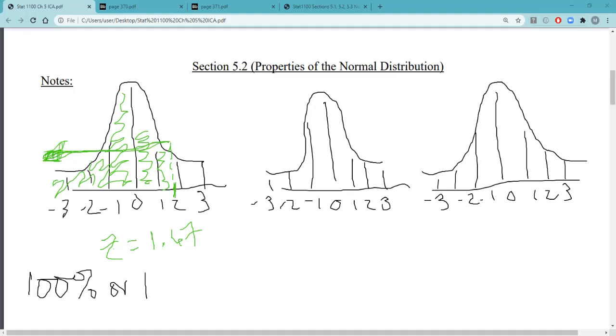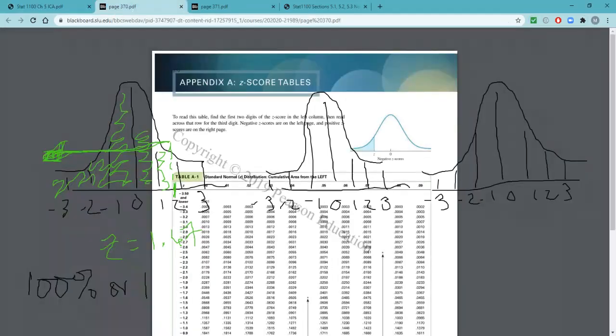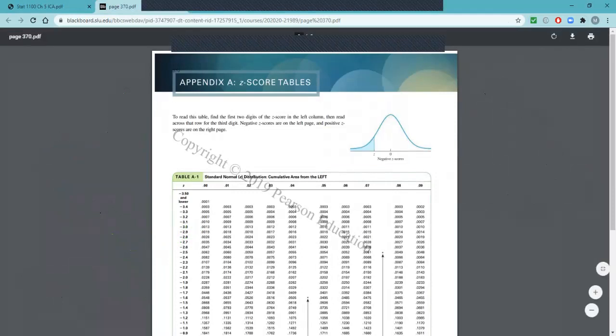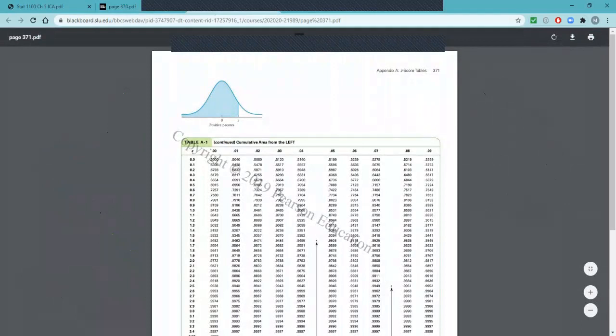So I'm going to go ahead and switch screens just for a second. All right, I'm going to go ahead and clear the drawings. And notice that I switched to page 370 in your textbook. We're going to use that table and also page 371. So these are our z-score tables.